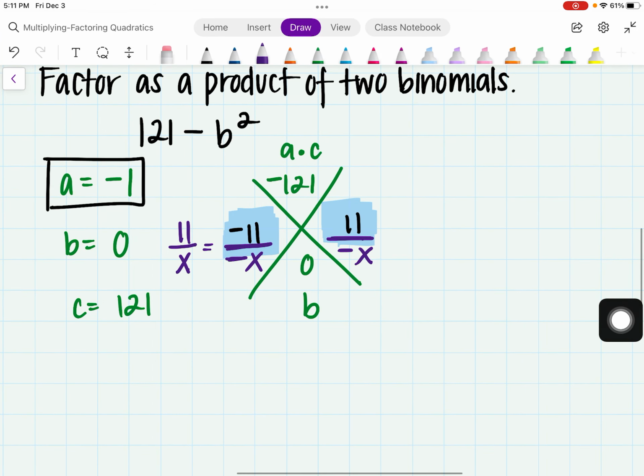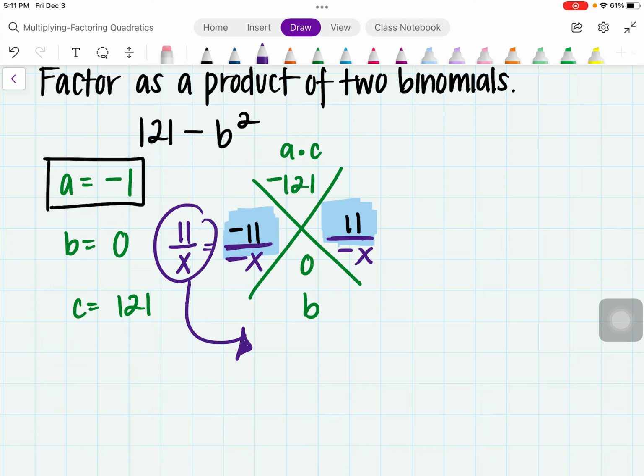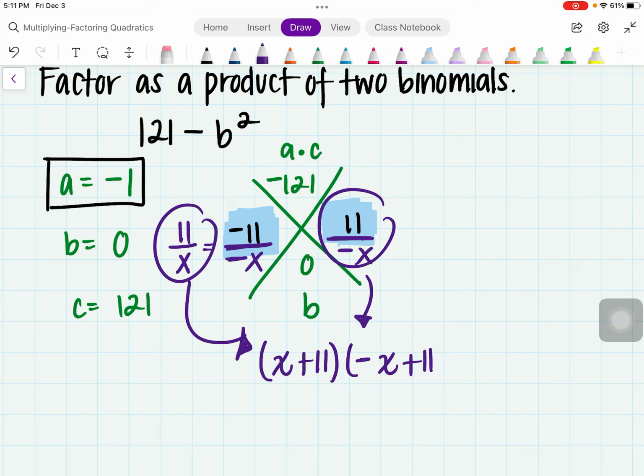So then my answer in this case is as follows. Starting off with this one here, I have x plus 11. And on this one, I have a -x plus 11.